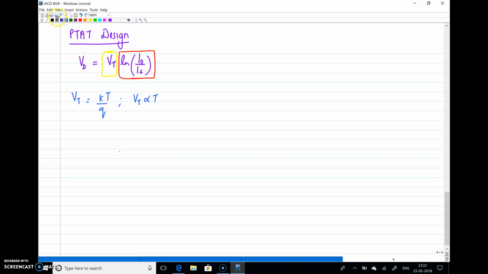So what can I do for that? How can I extract this Vt from this behavior? What I have here is the previous circuit, where a diode is connected, pumping a current I naught, and this is the Vd voltage.